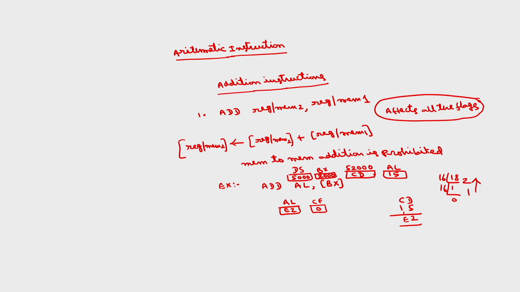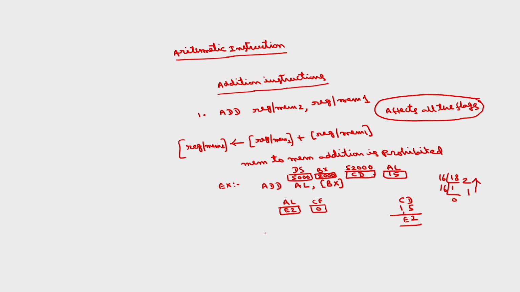Similarly, if you have a 16-bit register here, it will take from 2 consecutive locations. The lower order will be added with the first location, the higher order will be added with the second location. Similarly, you can have memory on this side and register on this side, the same thing, but the result will be stored in memory. Now the result is stored in AL.